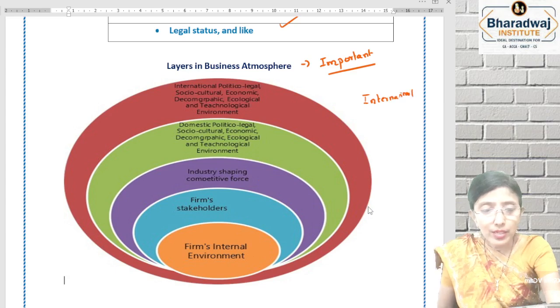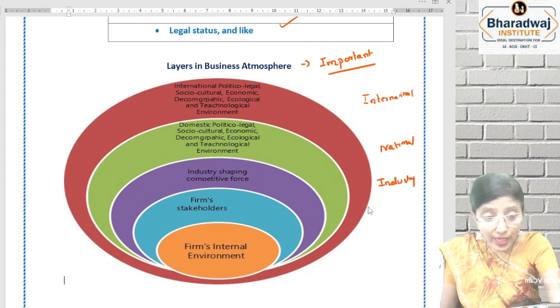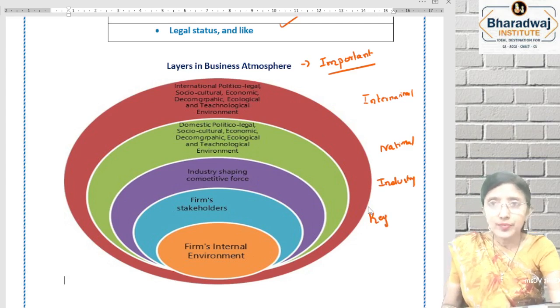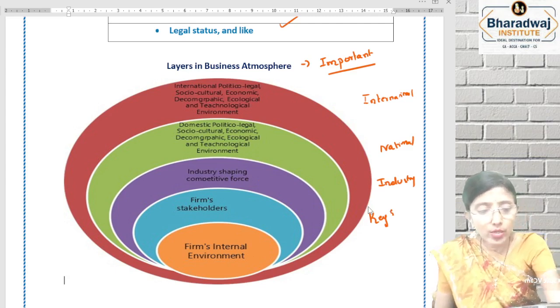Green is your national. Violet is your industry. And blue is your firm's key stakeholders: my customers, my employees, my suppliers, my dealers, okay, key stakeholders.